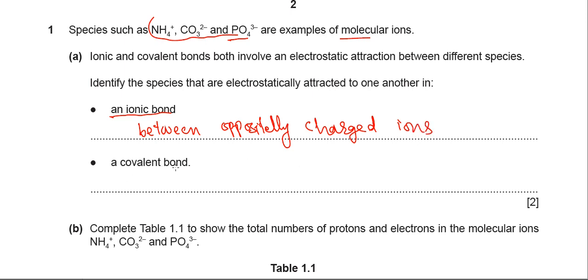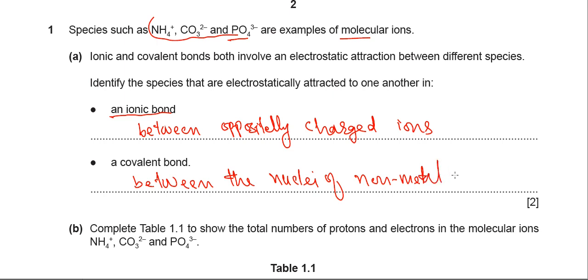Next, a covalent bond. So again, you have to define covalent bond. How can we define it? We can again say it is electrostatic attraction, but this time between the nuclei of non-metal atoms and shared pair of electrons.